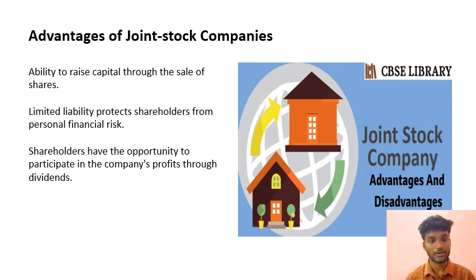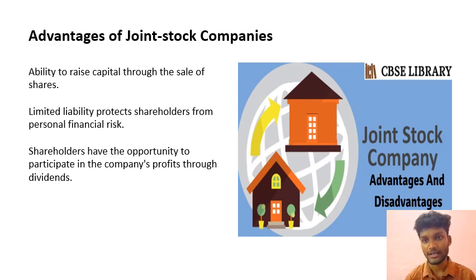Now let's talk about some advantages of joint stock companies. It has the ability to raise capital through the sale of shares. Through a joint stock company, we can raise capital with less risk. Limited liability protects shareholders from personal financial risk. When company profits are very high, they can enjoy much more personal finance.